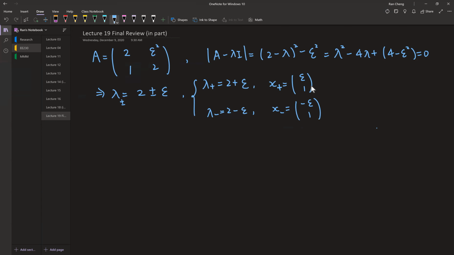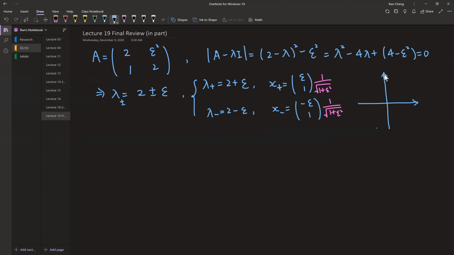So everything goes quite smoothly. Then we can plot the eigenvectors, and we want to normalize them. So this is going to be 1 over the square root of 1 plus epsilon squared, and so is this one.